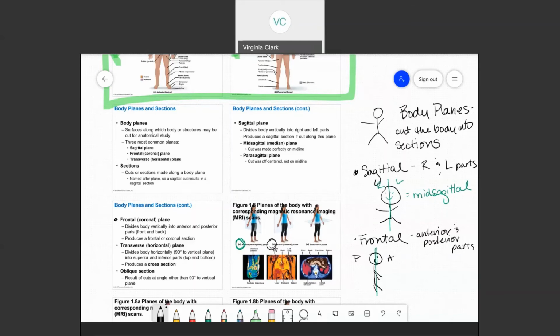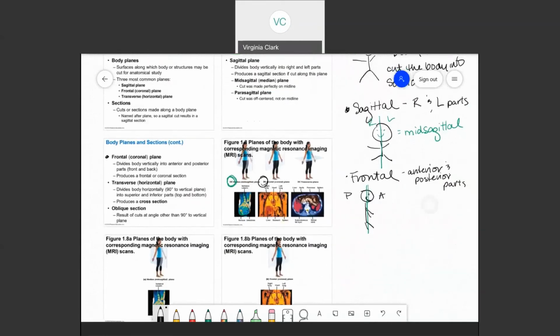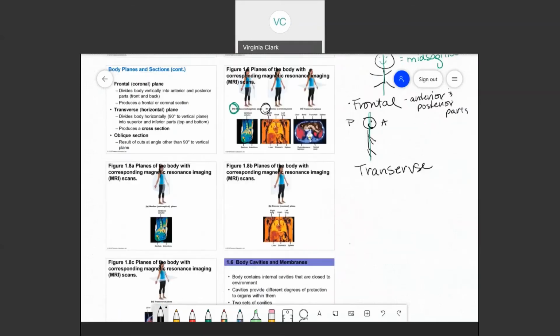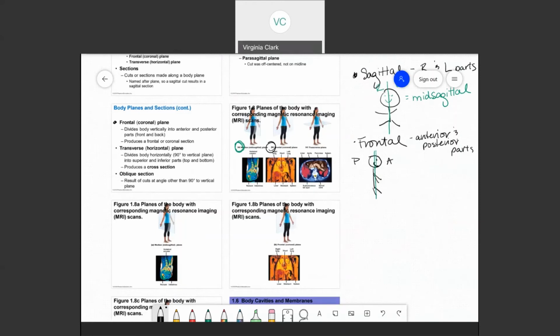And then the third one is going to be the transverse. And he's the easiest. The transverse section, like I said, it's going to be the easiest.